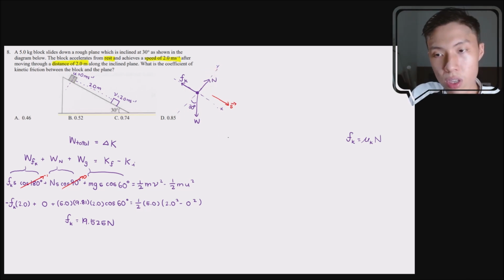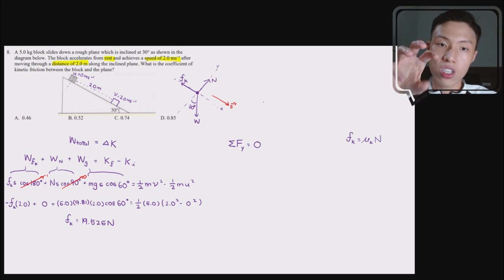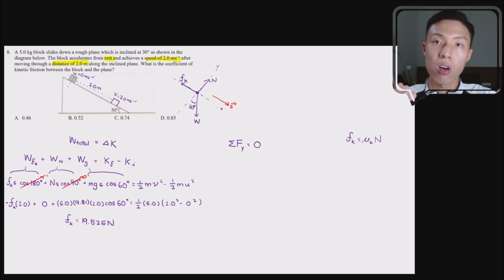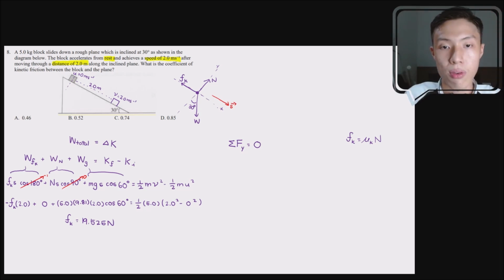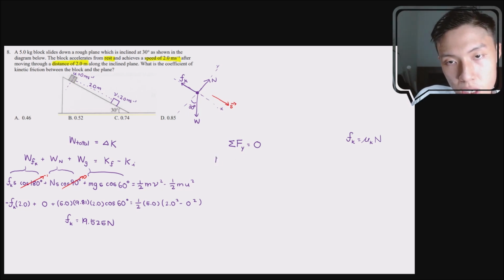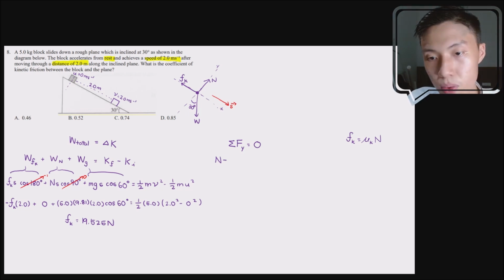Newton's first law tells you that the sum of force, in this case in the y dimension, should be equal to 0 because it is at rest in the y dimension. Therefore, the net force acting in the y dimension should be balanced, or the up must be balanced by the down. Okay. So we can take normal force minus, we need to resolve this into this component, which is W cos theta, cos 30°.